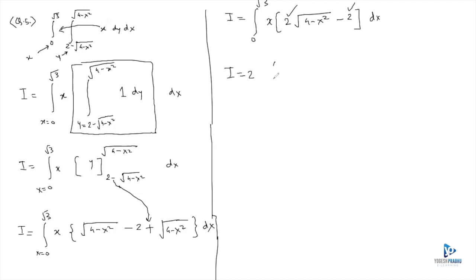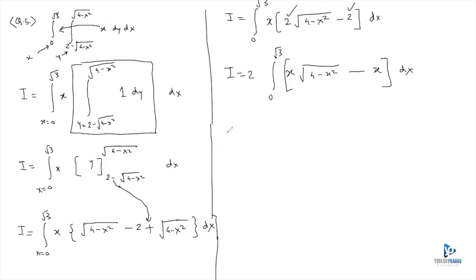I equals 2 times integral 0 to square root 3 of x square root of 4 minus x squared minus x dx. Did you understand this part? I multiplied x inside.